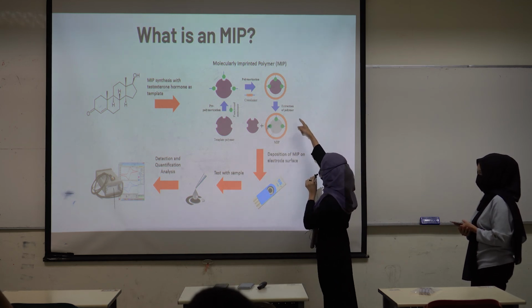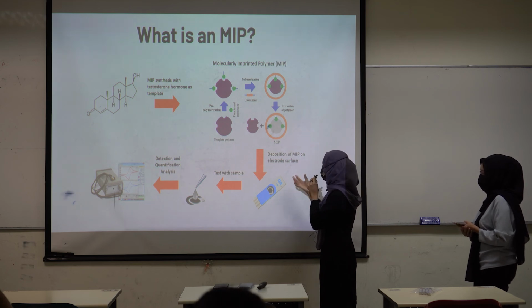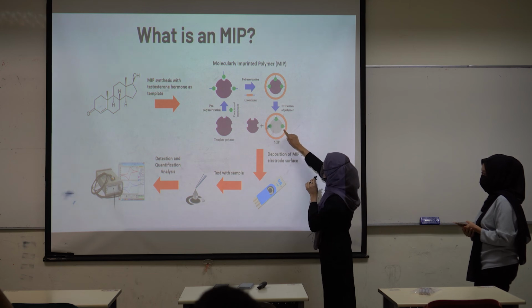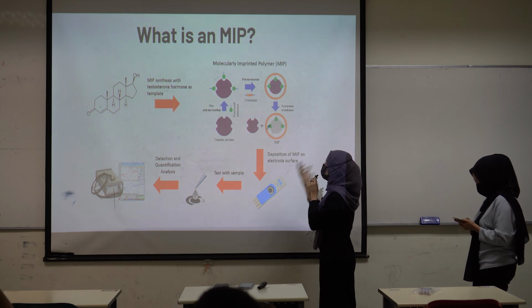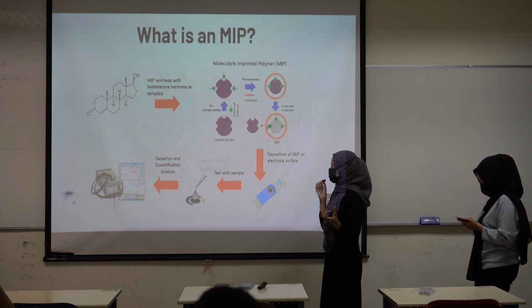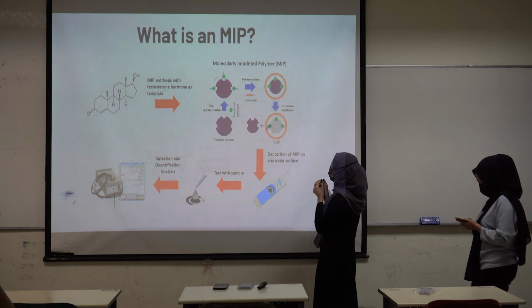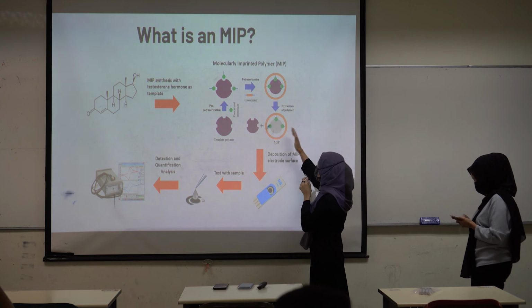This is after the polymerization. After you get the polymer, you extract the testosterone, and then there is a cavity with the same shape and characteristics as the hormone. You can see that it's like a lock and key model. This is how it will detect the testosterone, through this cavity.